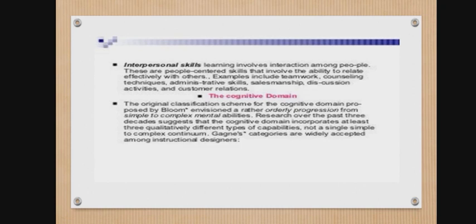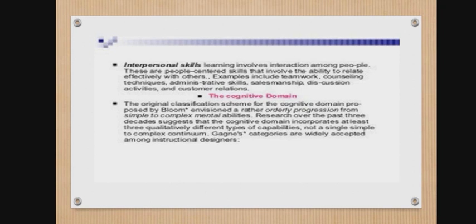And when you say interpersonal, which involves interaction among people, these are people-centered skills that involve the ability to relate effectively with others. For example, teamwork, counseling techniques, administrative skills, salesmanship, discussion and activities, and customer relations.